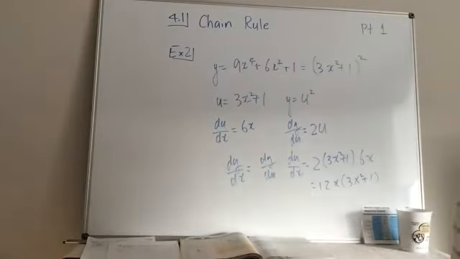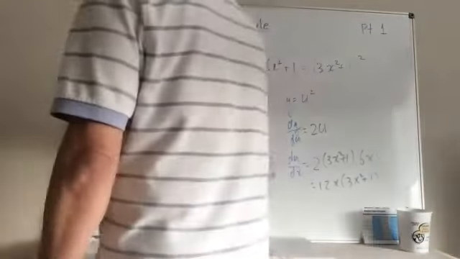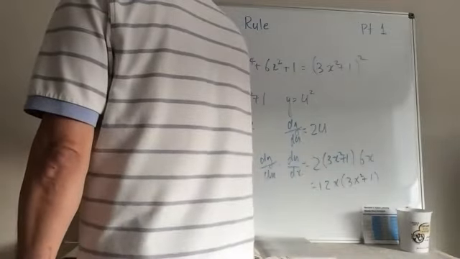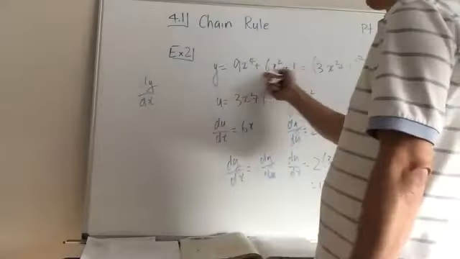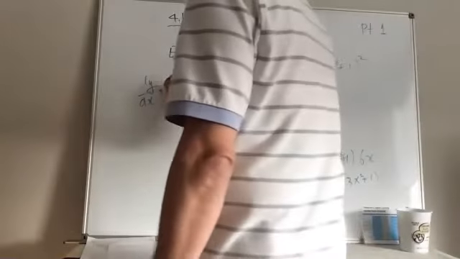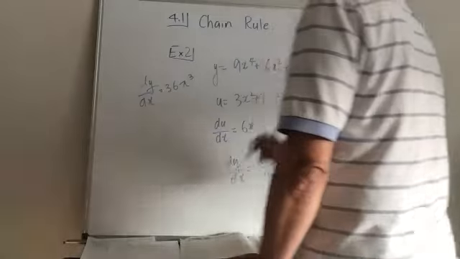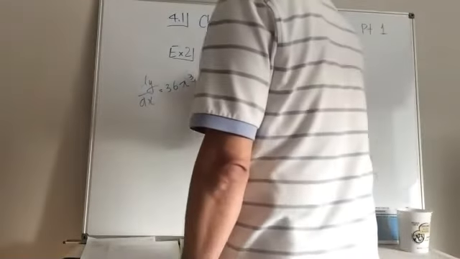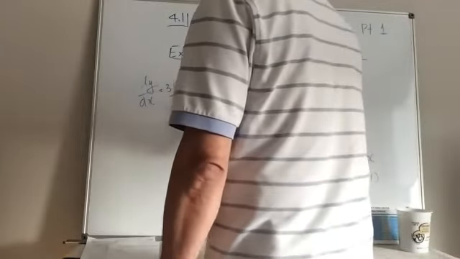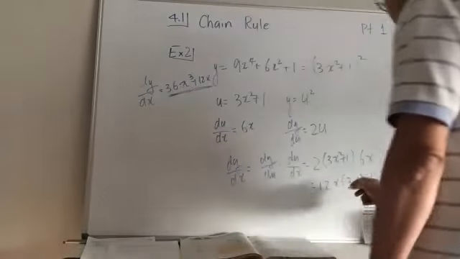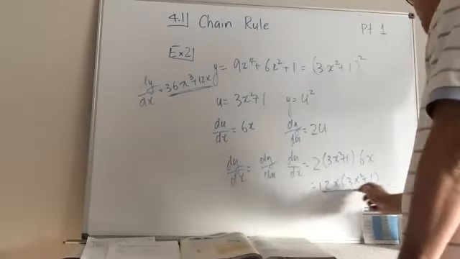Okay. Now let's do the straight dy/dx and see what I get. If I take the derivative of this, what do I get? I get 36x cubed, and over here I get plus 12x. So this guy is actually the same as this guy.